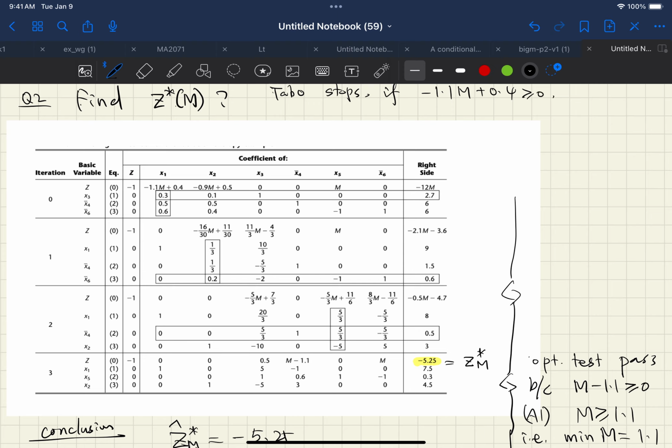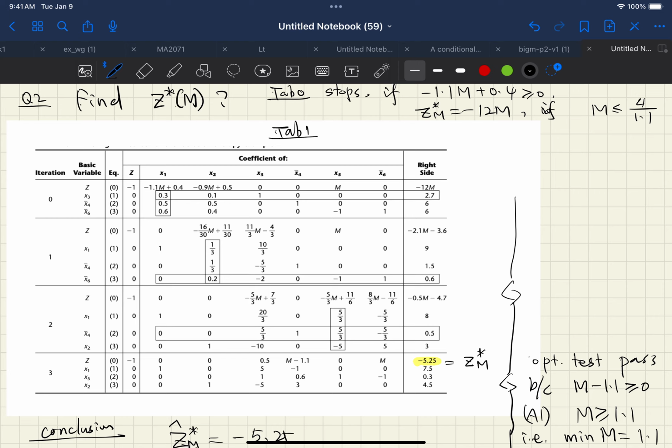And at that time we have ZM star, which is taken from negative 12M, if M is less than or equal to 4 over 11.